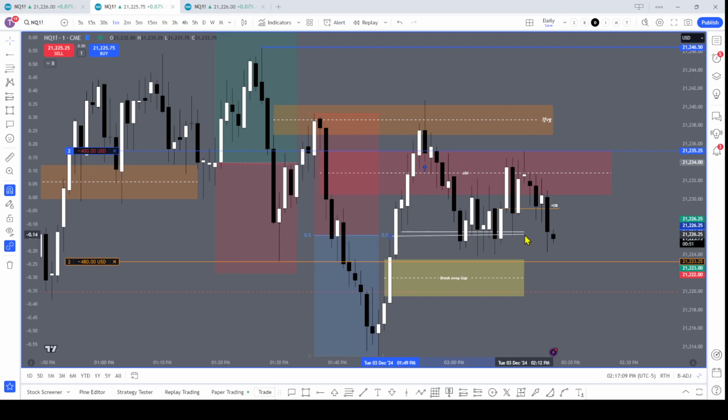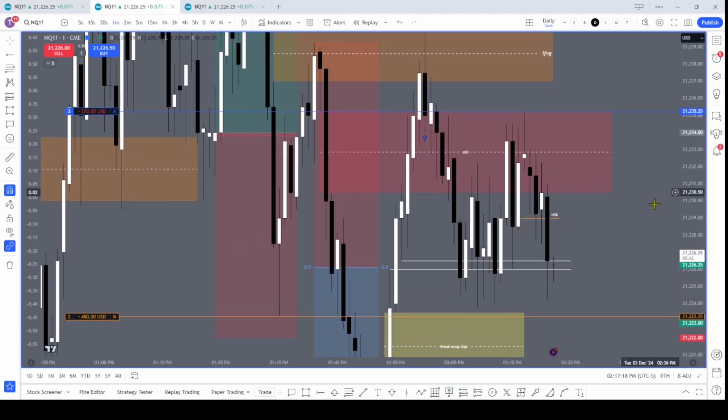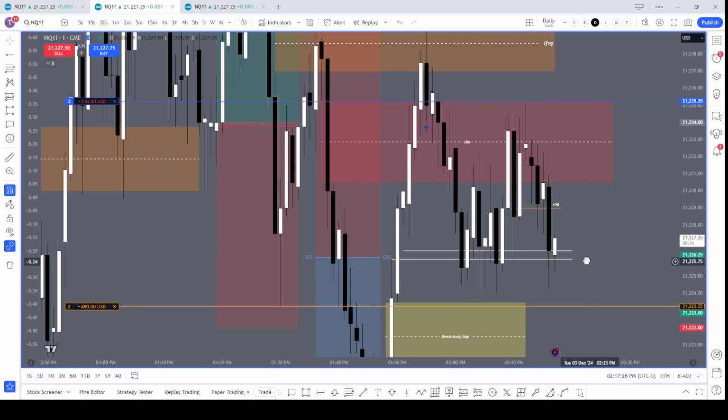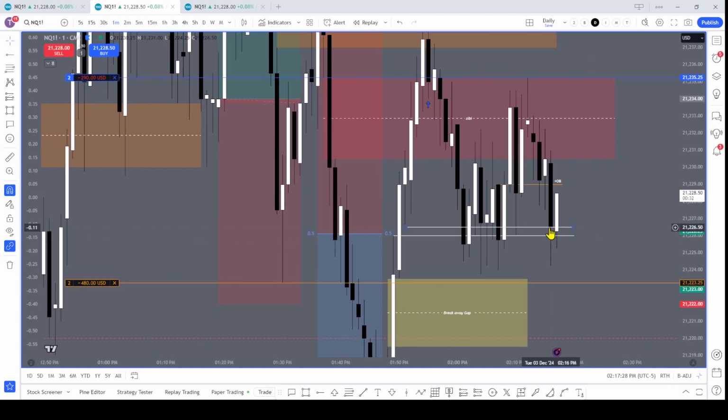We're back down in this very small BISI or fair value gap. Just created a volume imbalance. Close, and then price opened up, the price lower. Created a little volume imbalance inside of this BISI.